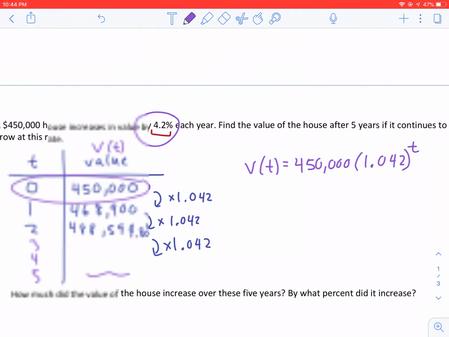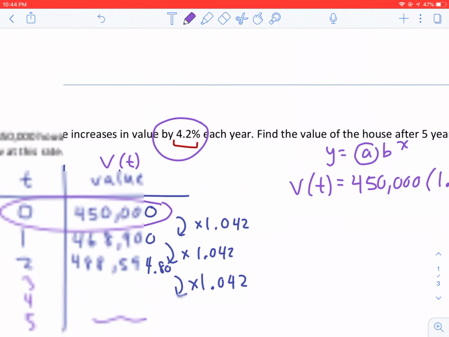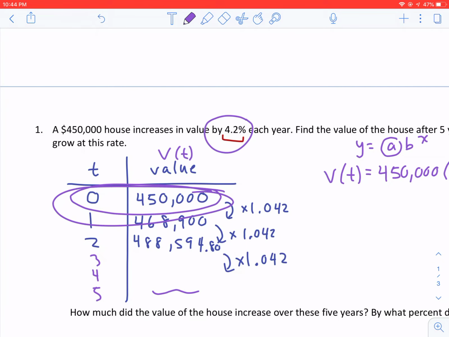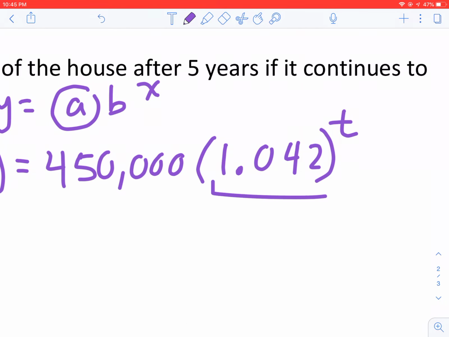If you think of it as what we did before, y equals a times b to the x, isn't that a value our y-intercept here? 450,000. Our b value is our rate of growth, or growth factor, 1.042, and x is t.